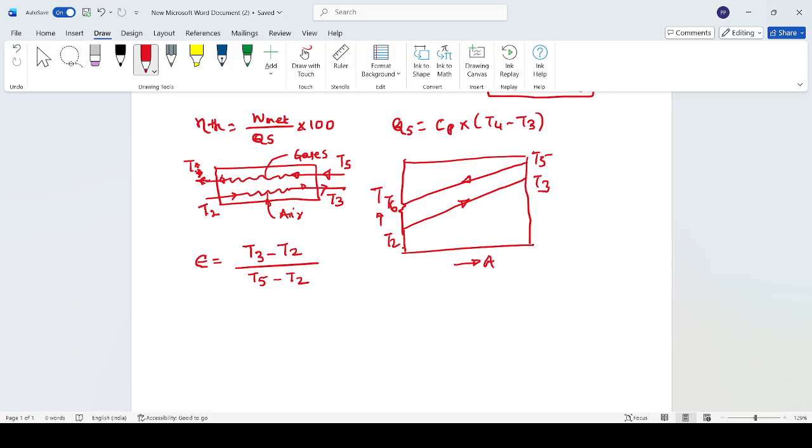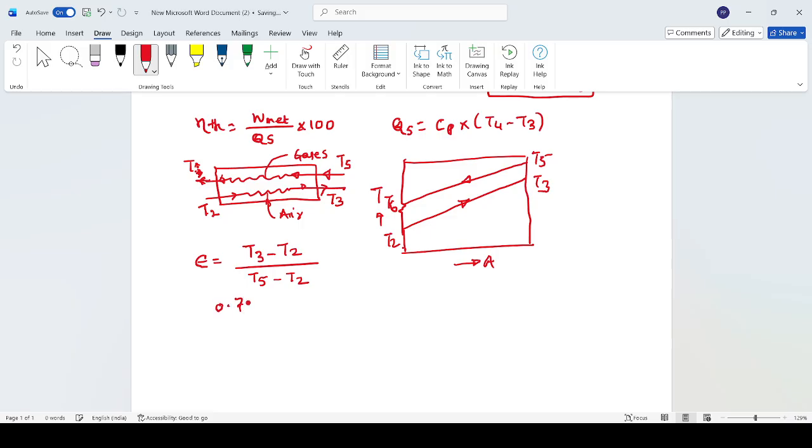So I know the effectiveness as 0.78, temperature T2 that I calculated as 458.89, and temperature T5 that is known to us as 672.98. Temperature T2 is known, so the only unknown is the temperature T3. I will write down these numbers here.